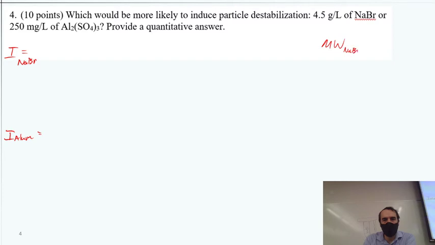I'll write these up real quick. For sodium bromide, this was 102.5 grams per mole. For the alum, it's 341.37 grams per mole.